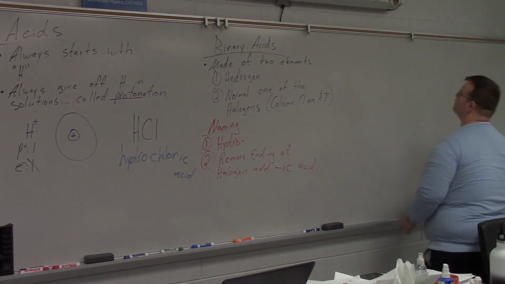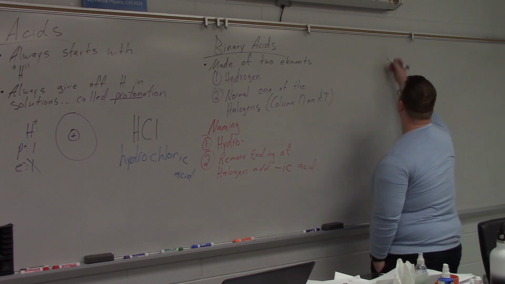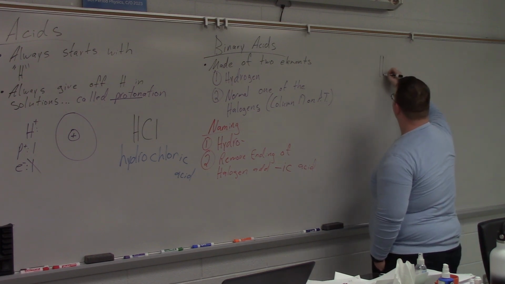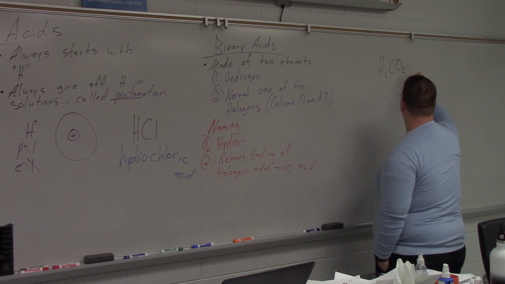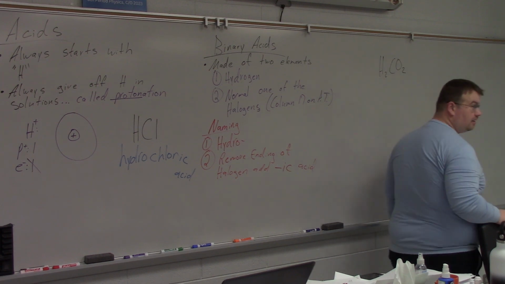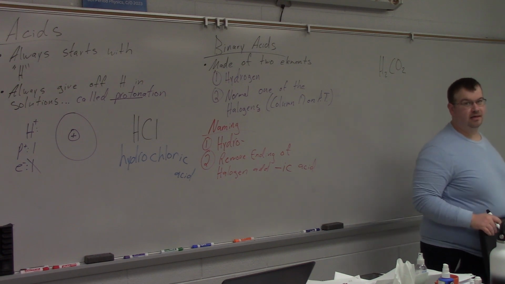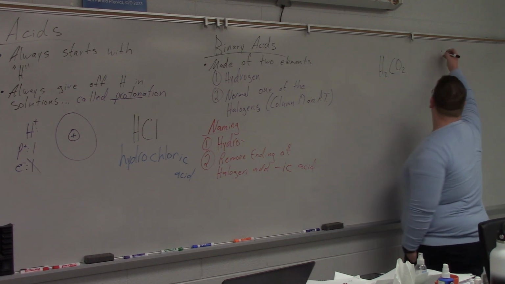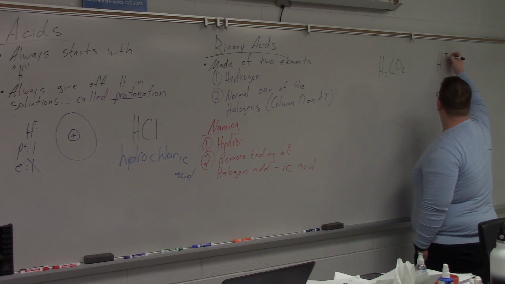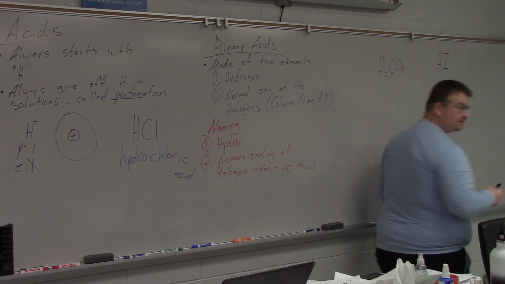All right, so here we go. Let's look at a couple, okay? Hey, Mr. Hall, how do you make an acid out of the 53rd element? A binary acid, to be exact. You want to know the name? Oh, man. Okay.